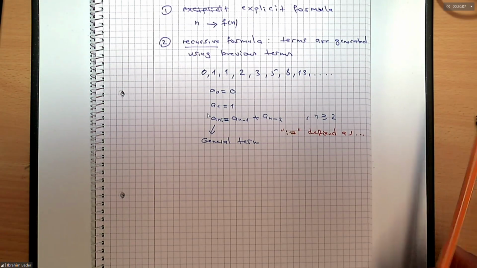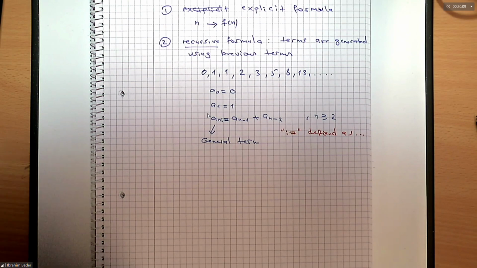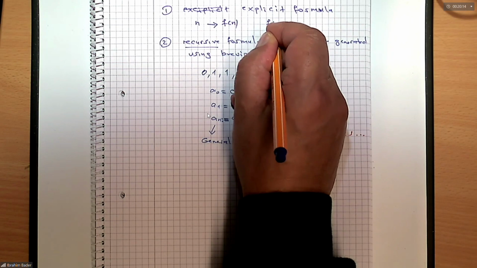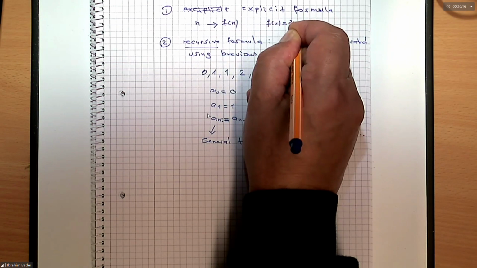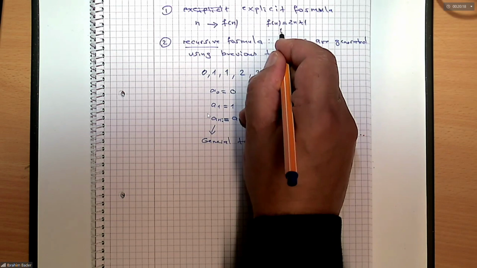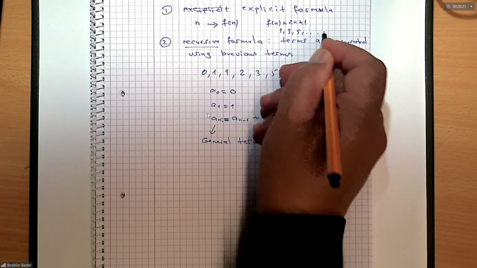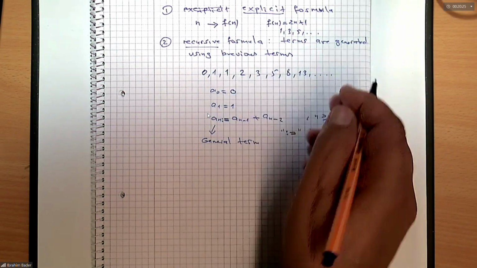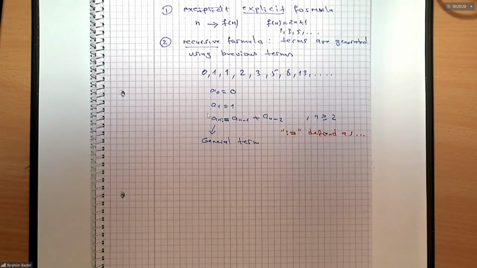I hope you get the difference: for instance, here we have f(n) equals 2n plus 1, which generates 1, 3, 5, etc. Explicit means you use only n on the right. It's a function of n. A recursive formula uses the previous terms.